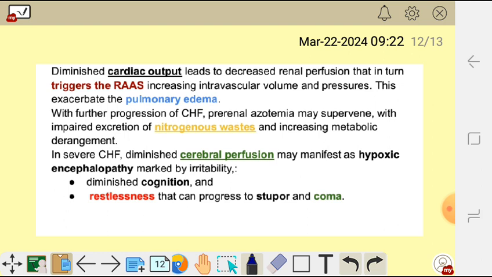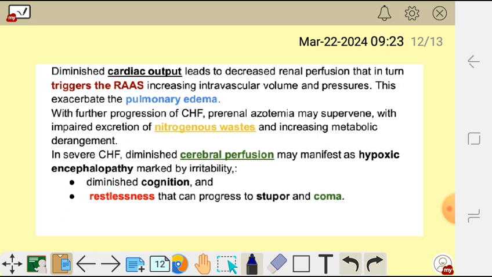Once salt is retained, even water is going to follow. So that will increase intravascular volume, and the pressure is going to increase. And once this happens, pulmonary edema will be exacerbated. The pulmonary edema is going to increase, and that will also lead to other problems that we have already discussed.